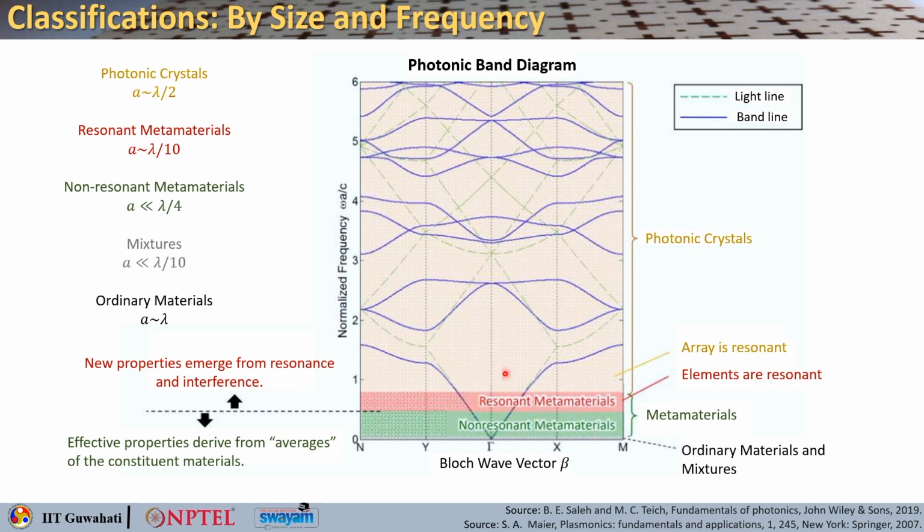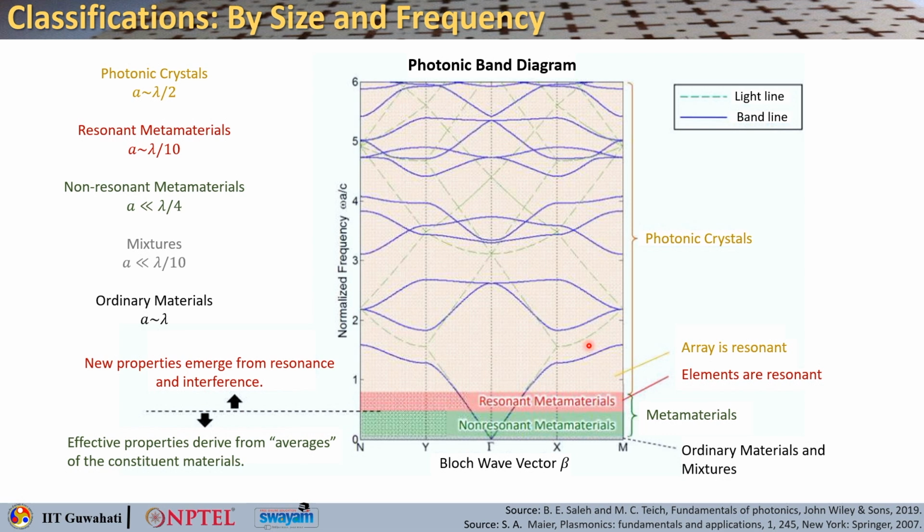So, I believe all of you have seen this earlier, that the blue lines basically tell you about the band diagram, okay, and these dashed lines tell you the light line, that is, if that periodic crystal would have been replaced by a homogeneous medium, how the bands would have behaved. So, you can see that the gap in the blue lines is basically telling you about the band gap and so on.